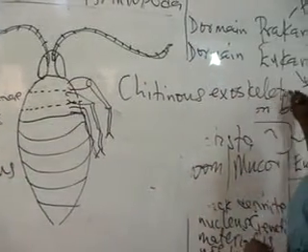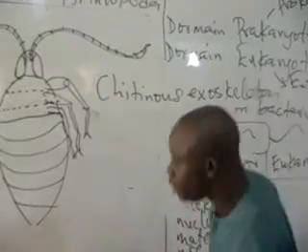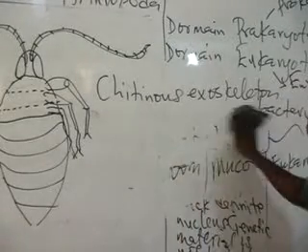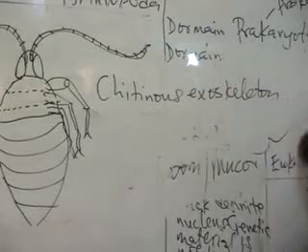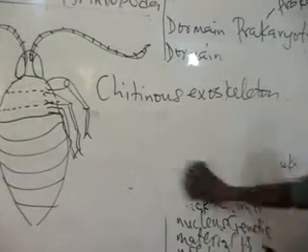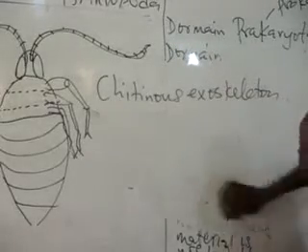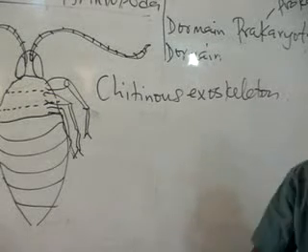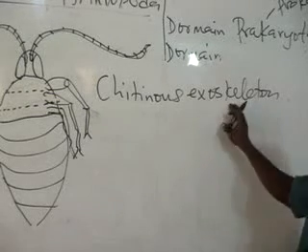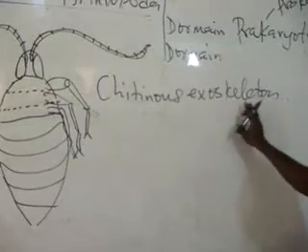Before now you know the meaning of exoskeleton. Exoskeleton is talking about supporting tissue that covers the body. So exo means outside the body. So their own form of skeleton is exoskeleton, outside the body.